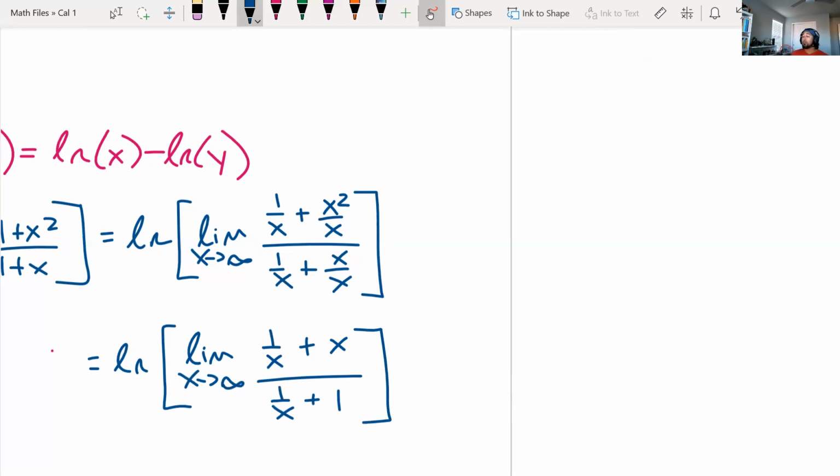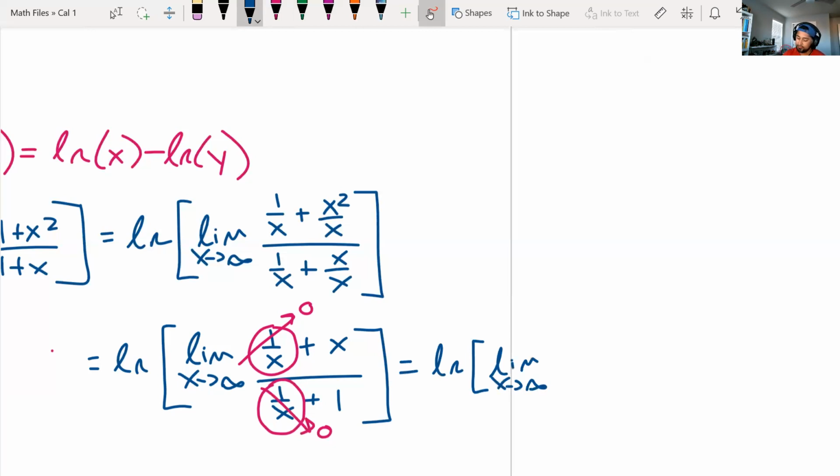And now let's go ahead and apply the limit to these two terms. If x approaches infinity, where are 1 over x headed? 0. So this would become 0, and then that would become 0. And what we get left with is the natural log of the limit as x approaches infinity of x over 1.